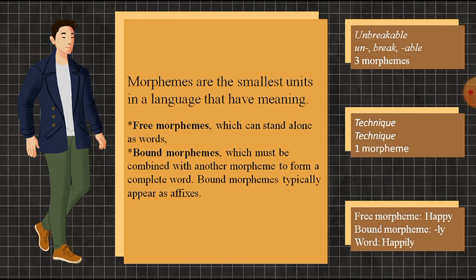Each morpheme here has its own meaning. As we know, un means not, break has its own meaning, and able has its own meaning.